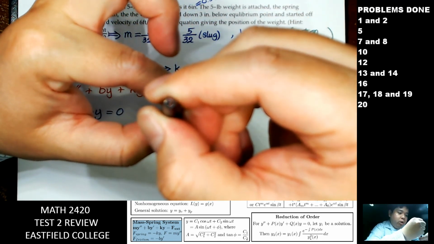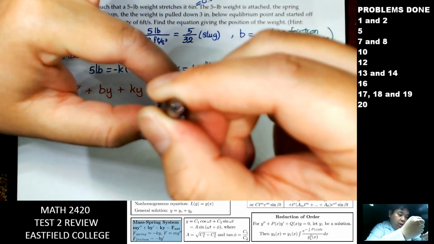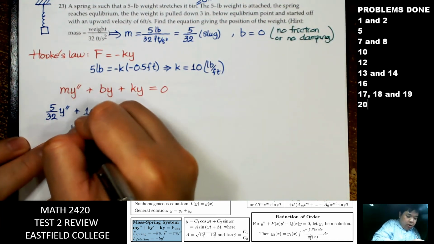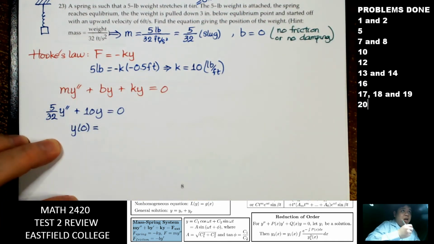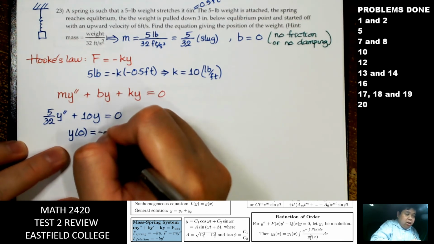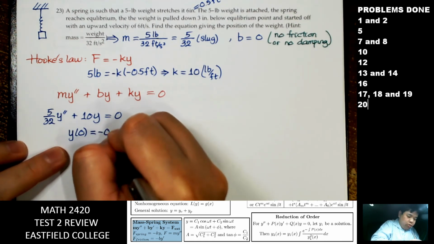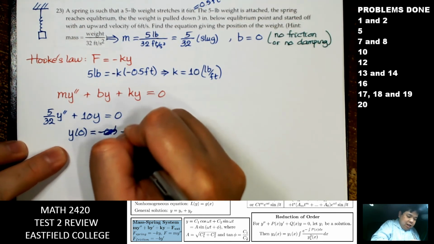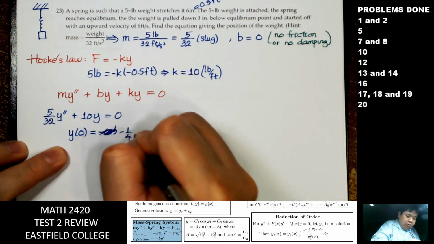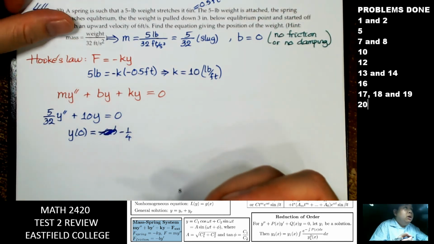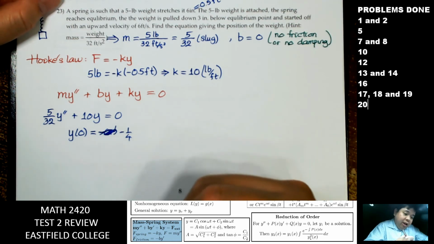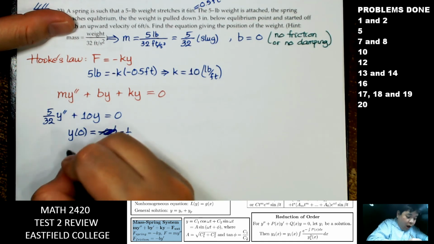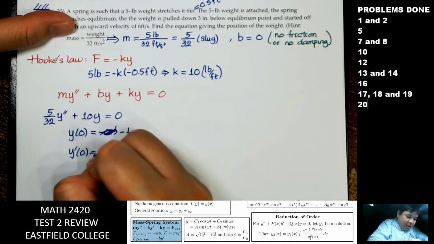That will have equilibrium, and from that equilibrium, we pull it down 3 inches below. So initially, it will be negative 3 inches, so 0.25, or negative 1/4 feet. And upward velocity of 6 feet per second. Anything pointing up will be positive 6.